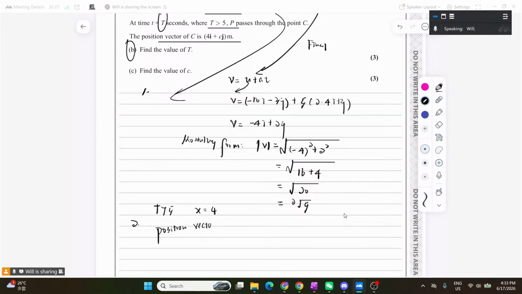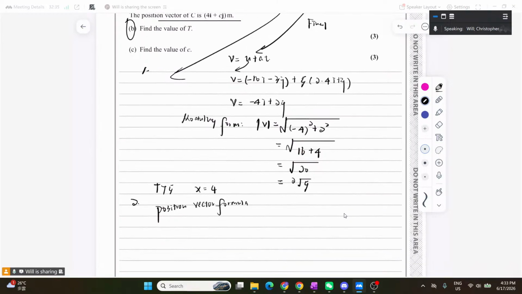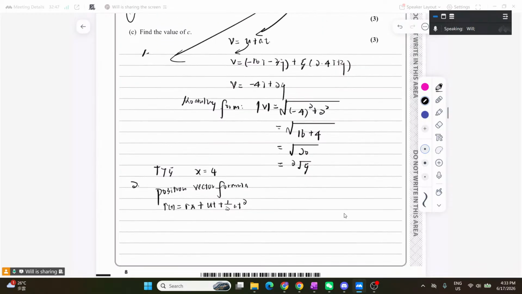No problem. The formula: r(t) equals initial plus ut plus 1/2 at squared. We only use the i component only.